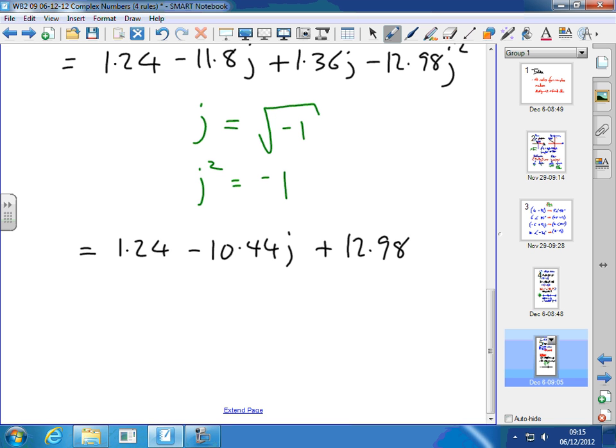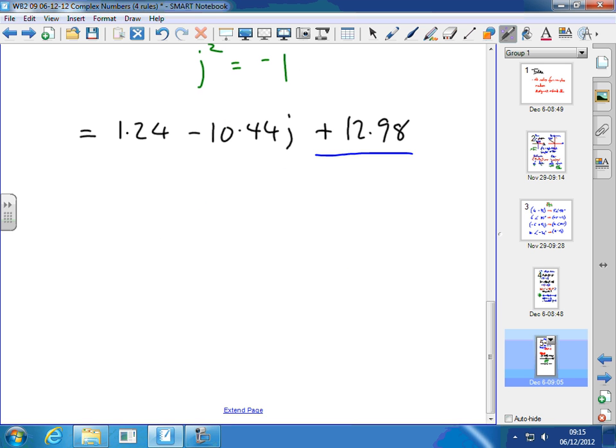You see that step? In fact, that's always the consequence. When you end up with j squared, the effect is you just change the sign from a minus to a plus, or if it's plus, it goes to a minus. So this becomes suddenly plus 12.98, and the j squared's gone.